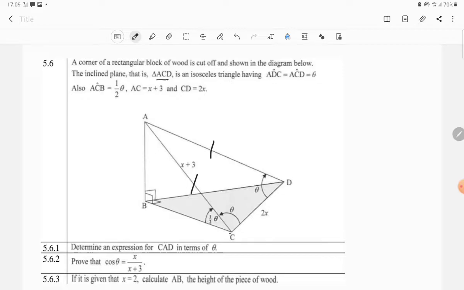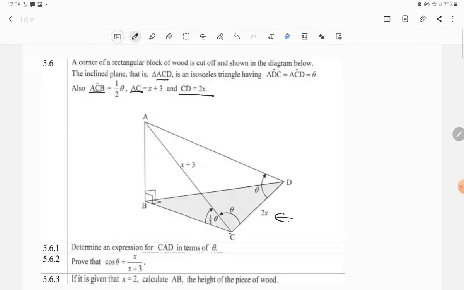That is what they mean by saying it's an isosceles triangle. Then another piece of information: angle ACB is half theta, and the line CA is equal to 3 plus x, and the last one, CD, is given as 2x.